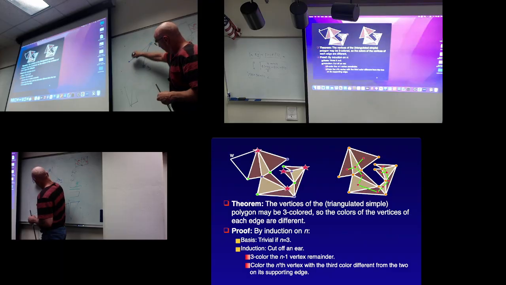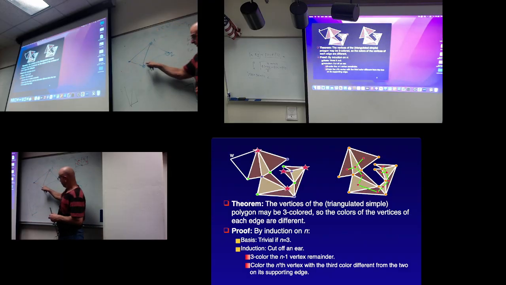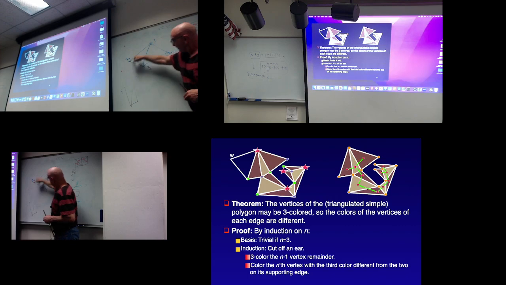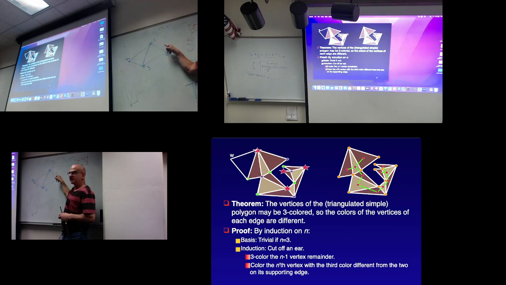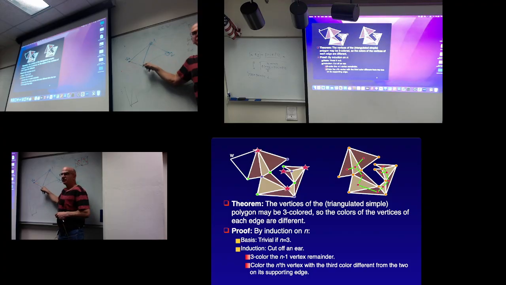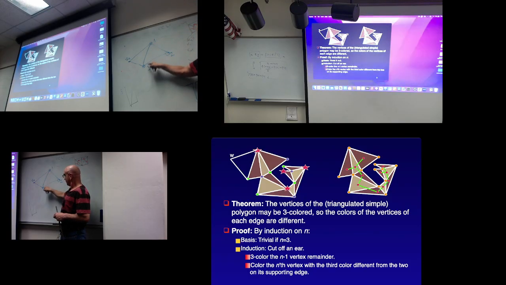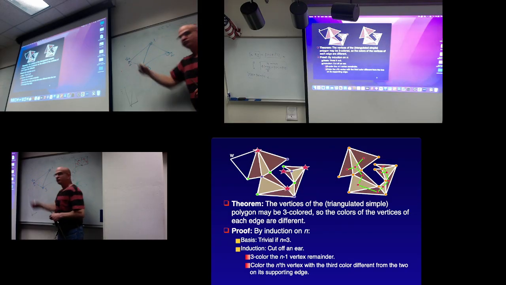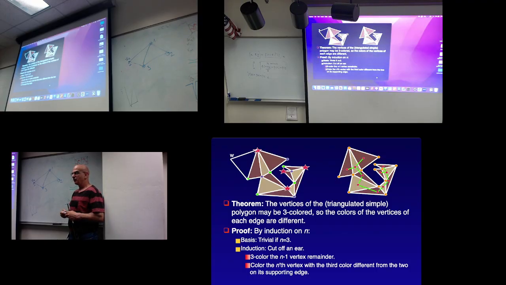But now, if I told you that the polygon that I started from had an ear, that's the ear, then it means that this new polygon, V4, is connected to the previous three vertices only via two edges. Meaning that I can look at the colors of the vertices that V4 is connected to, saying, oh, I'm using 1 and 3, implying that I can use color 2 for the last one, the one that I removed via an ear.